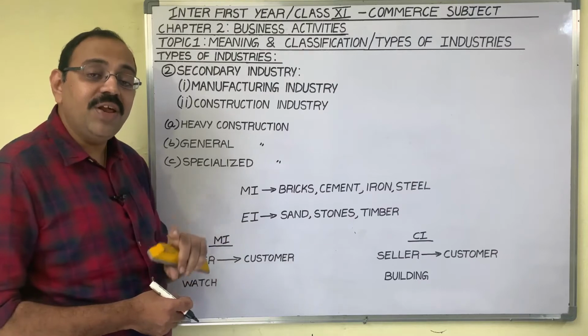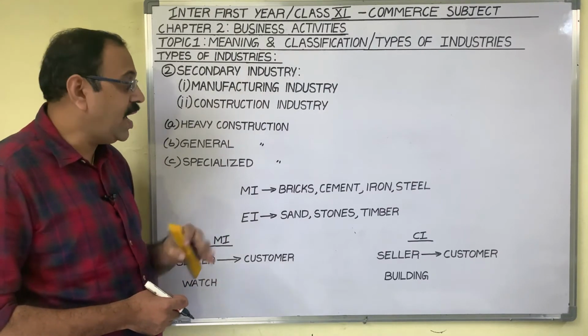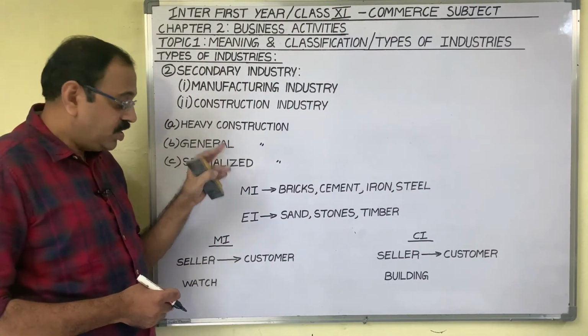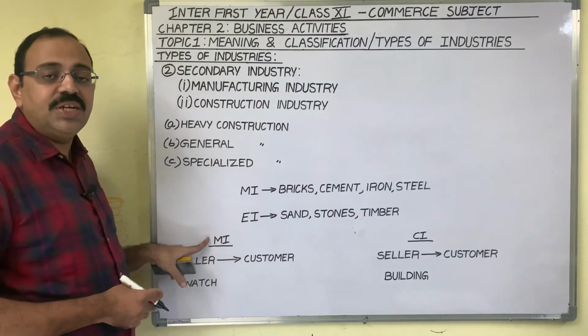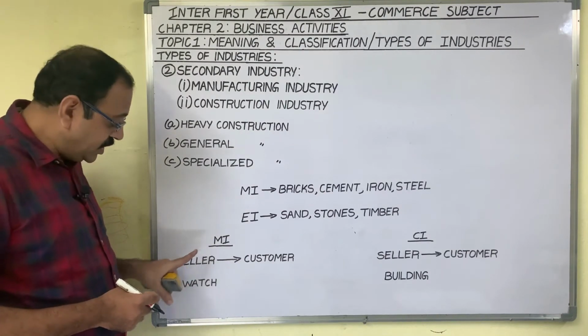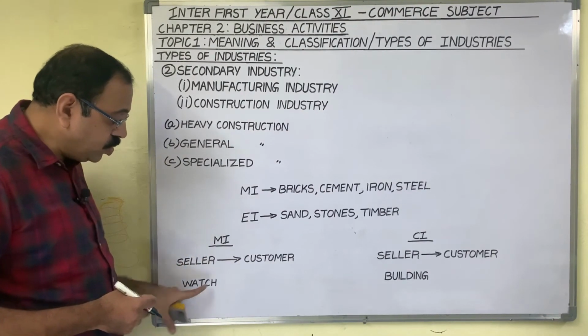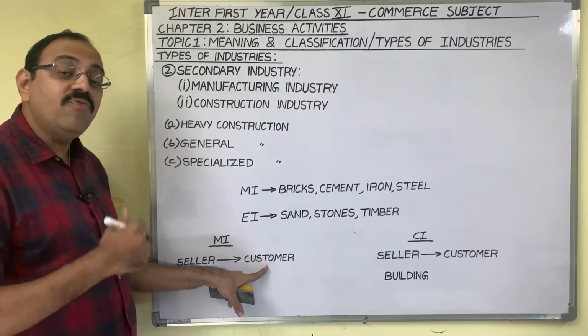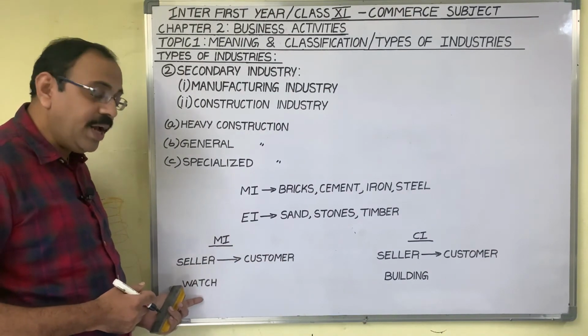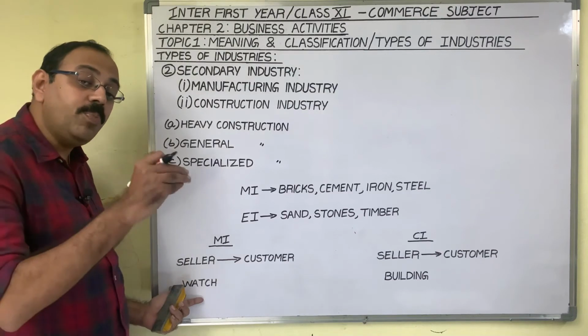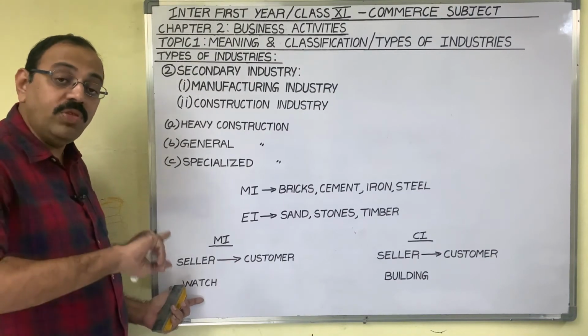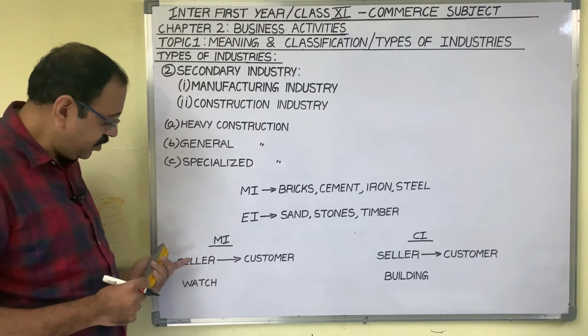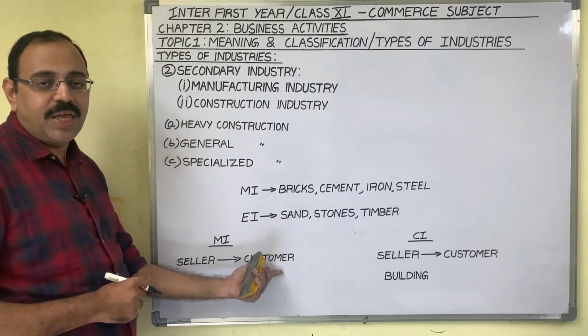And there is a difference between other industries and the construction industry. Suppose you take one manufacturing industry. A seller sold watch to customer. After sale, the product and the ownership on this product both will get transferred from seller to the buyer.